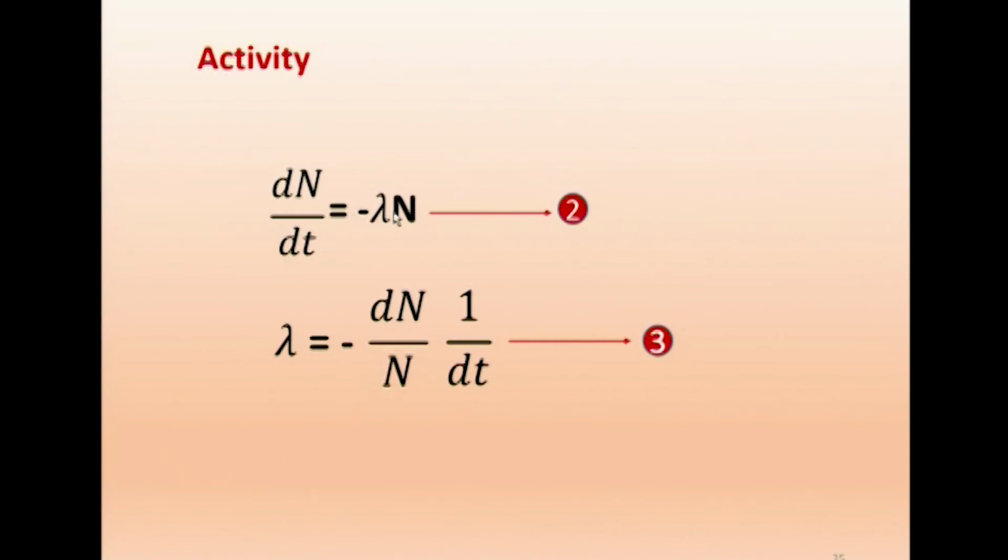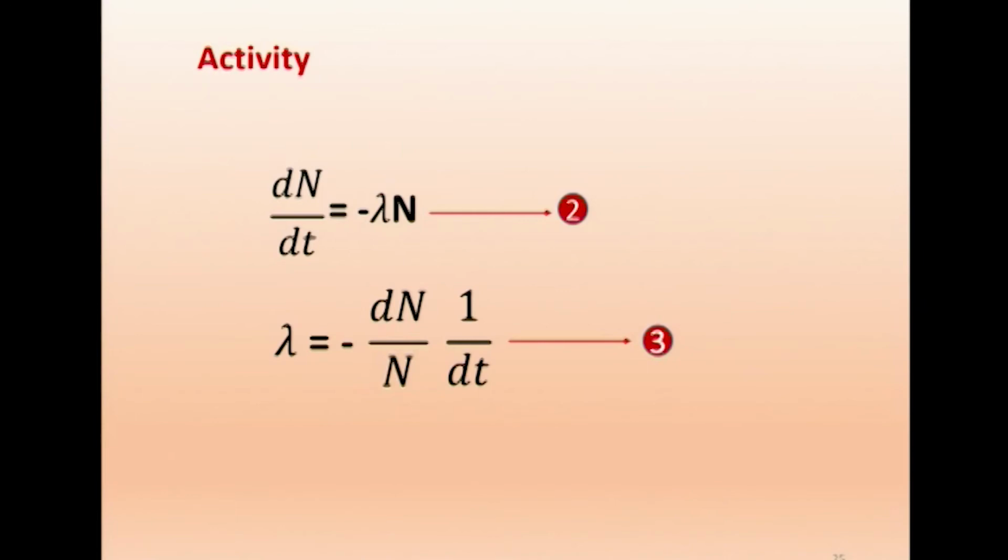And this dN by dt equal to minus lambda N is called activity. How active is the nucleus? The dN by dt will decide. Suppose dN by dt is 0, then it means there is no activity, there is no change in the number of nuclei.